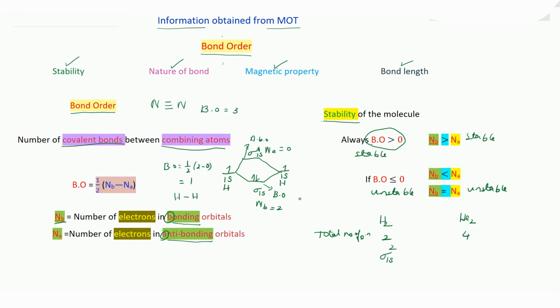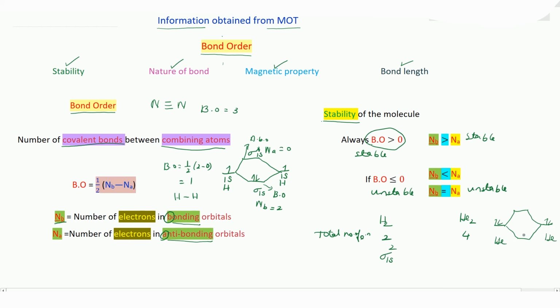For helium, you will have the same, but you have to occupy 4 electrons. So here 2 electrons, the remaining 2 electrons will go here. So you can draw the diagram like this. That is 1s and 1s, and these two will mix to form 2 molecular orbitals. And here you have 2 electrons for one helium, and here for the other helium.